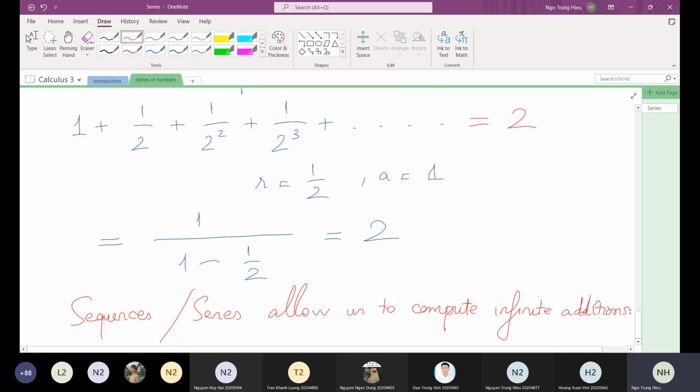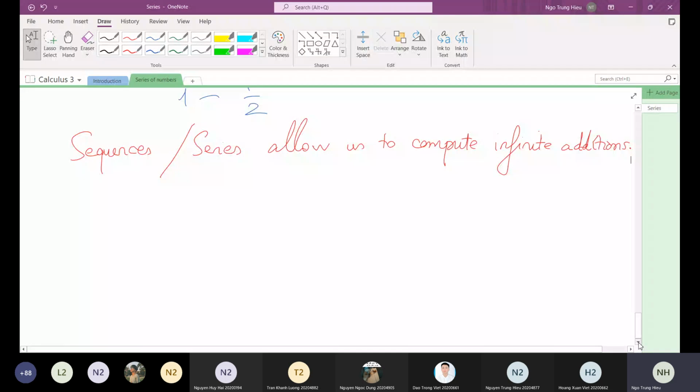Right. So there's this dictum that you need to remember. This dictum that you will see later on, right? A series is a number. This dictum will be very useful if you remember it.